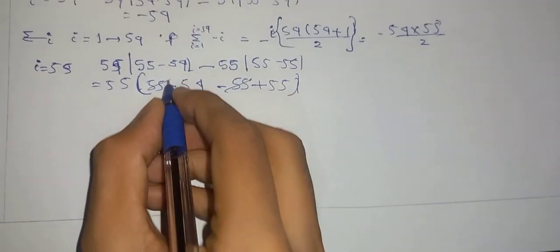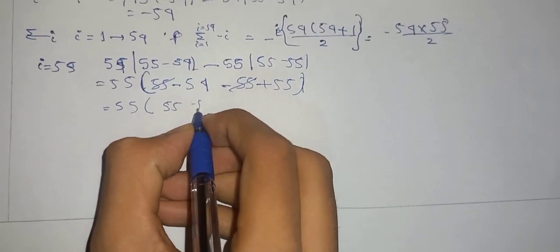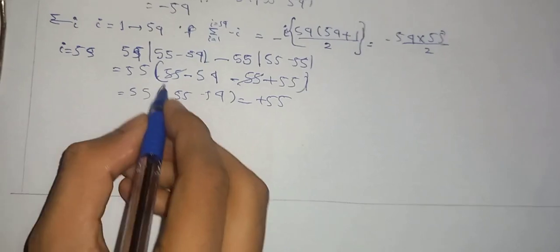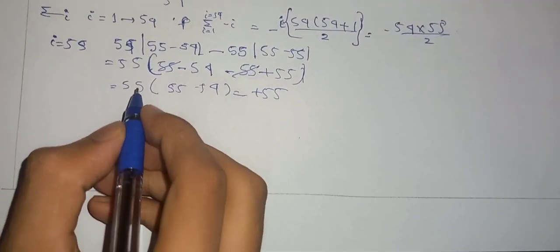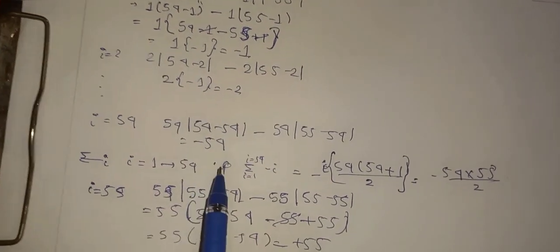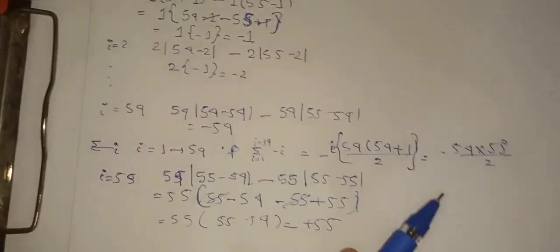So this 55 will get cancelled, and now we have 55 − 54 equals plus 55. So now you can see here we are just getting multiplied by a plus 1 with i, but in the previous cases till i equals 54, we used to have t_i equals minus i, right?